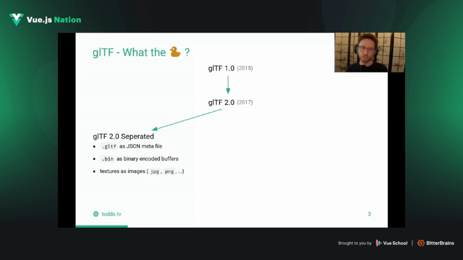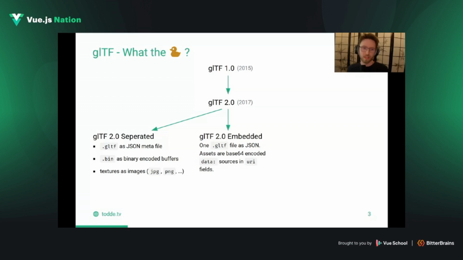We can export GLTF separated files so that we have a GLTF file that is a JSON encoded meta file that holds together all the things that are happening in the scene, the camera, the nodes, and stuff like that. Then there can be binary encoded files with it that have, for example, the models and some textures like PNG image files in general.